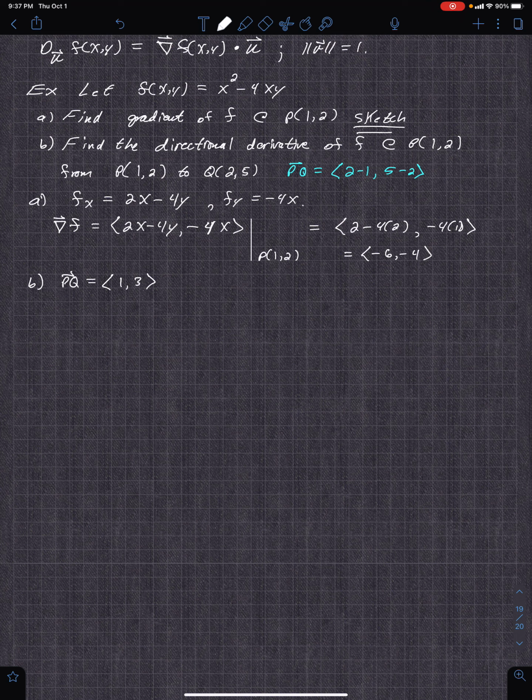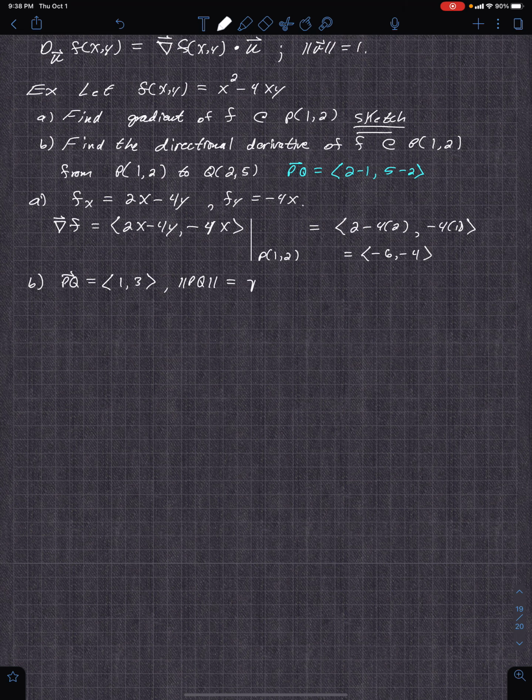What do I got to do next when I'm finding a directional derivative? Yep, got to do magnitude. Sorry, we got to unitize it, so we got to take the magnitude so we can divide by it.